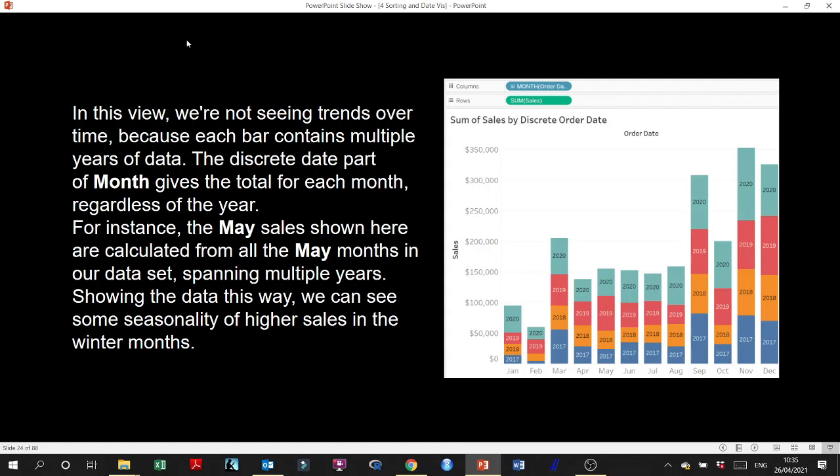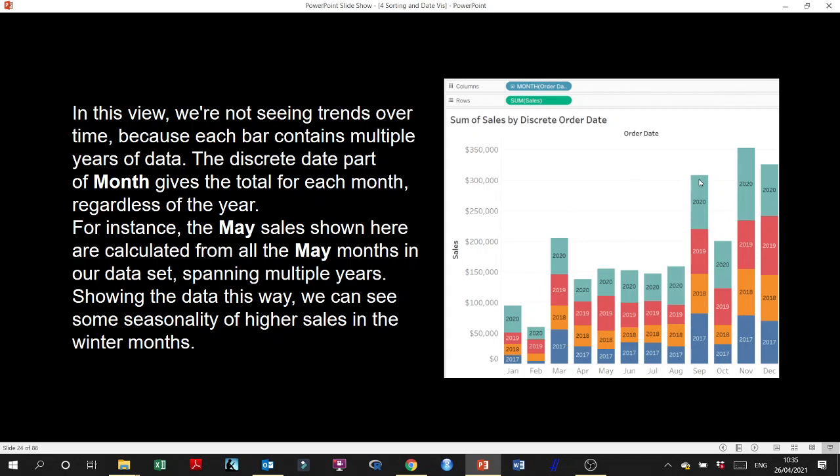So read through it. It's about seasonality here, of higher sales in the winter months. You can spot that, and this is spanning multiple years, as you see in the stacked bar. Most of these stacked bars show that sales are higher in winter.